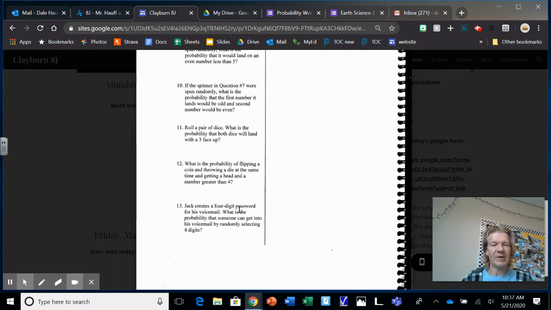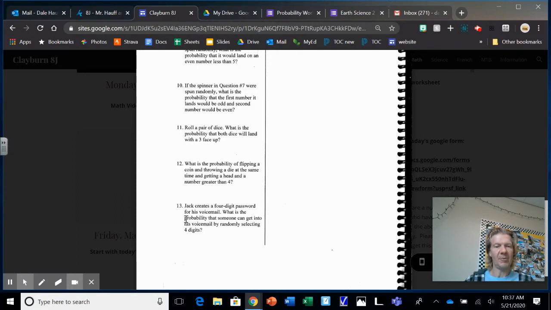Jack creates a 4-digit password for his voicemail. What is the probability that someone can get into his voicemail by randomly selecting the 4 digits? Well, that would depend on whether it was just numbers or letters. If there's letters, it'd be a lot more because you have 26 letters of the alphabet and you have 10 digits to choose from, 0 to 9. But let's just assume that it's a number.